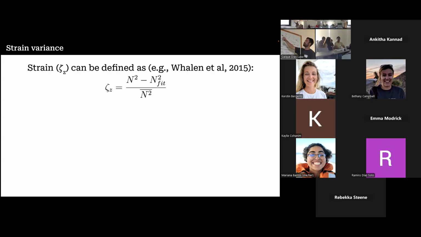Your N squared fit is just going to be a smoothed version of this. Then your N squared minus N squared fit is just going to get the little wiggles. You average that to normalize, and that's supposed to isolate the little wiggles throughout the water column.